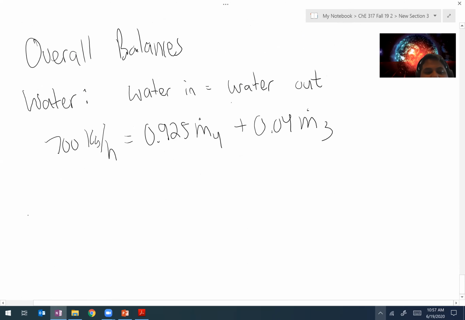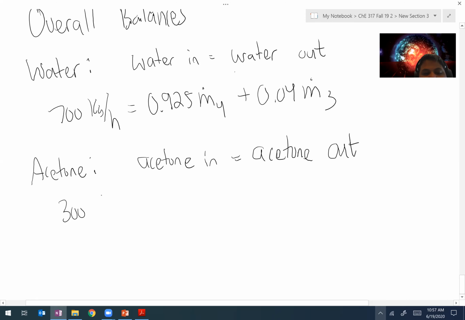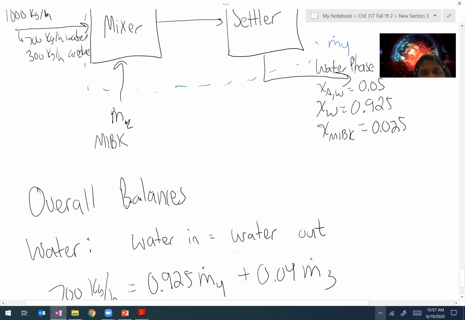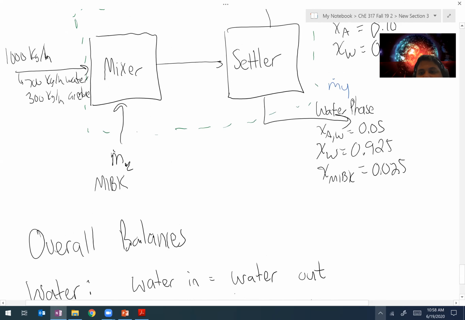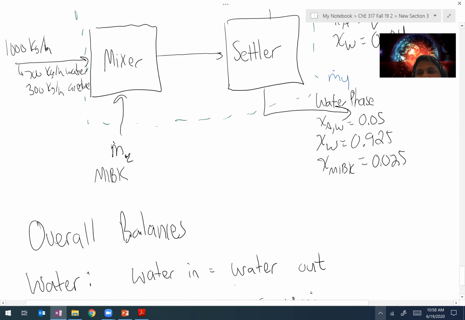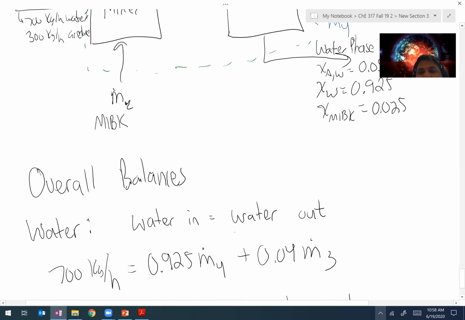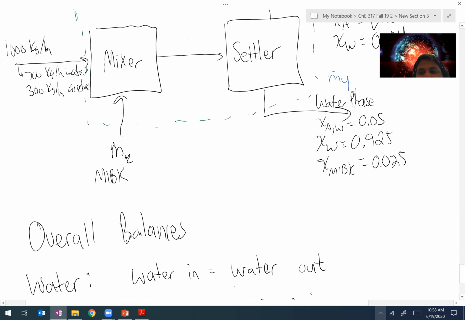And then if I look at my acetone, same thing, acetone in equals acetone out, or 300 kilograms per hour, times the mass fractions in the water phase and the MIBK phase as a function of the M3 and M4 flow streams. So I have 0.05 and 0.1.